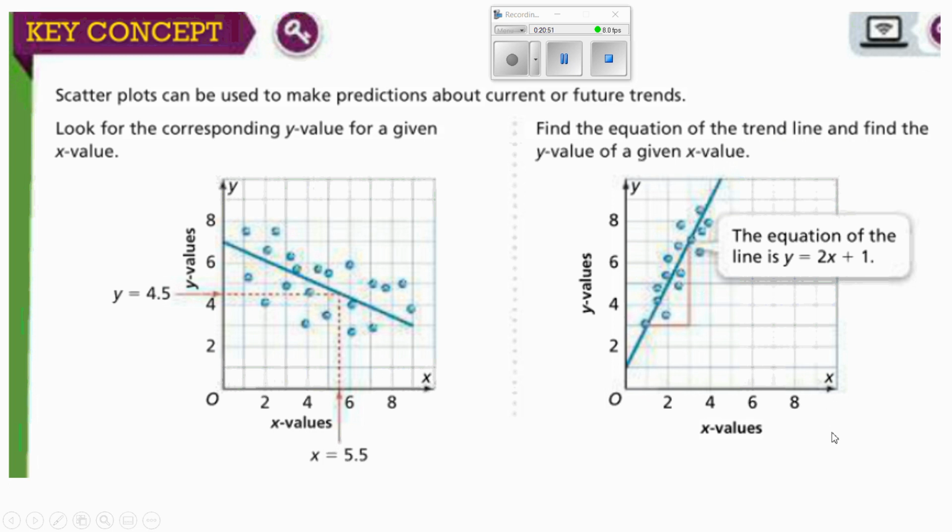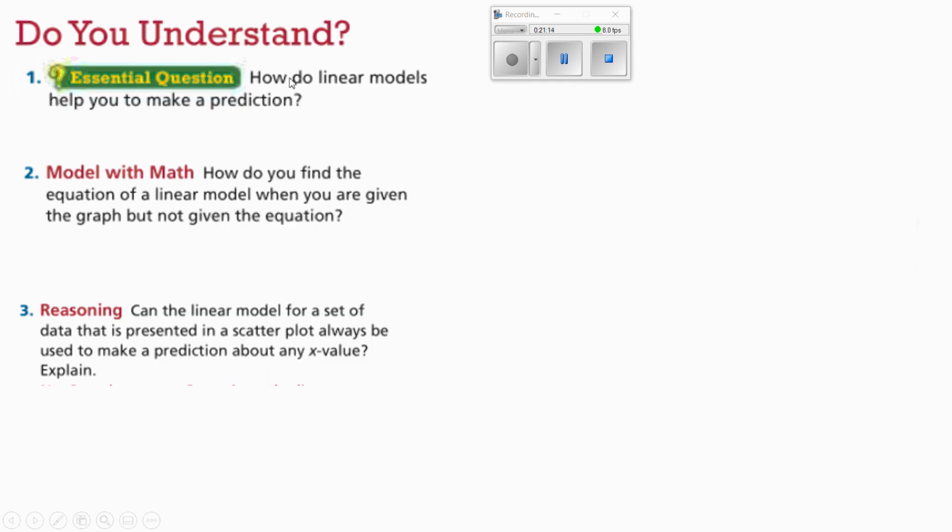Basically, what we've already learned, create your equation and then replace your x value or y value with whatever information they gave you. And then use your knowledge of equations and inverse operations to isolate the variable and find out what the missing variable is. All right, how do linear models help you to make predictions?